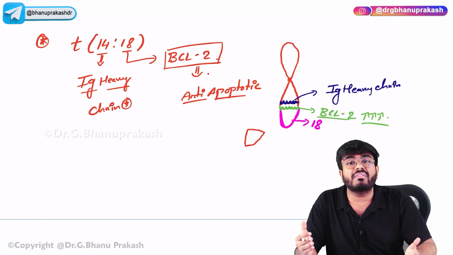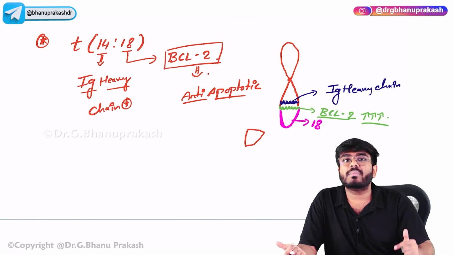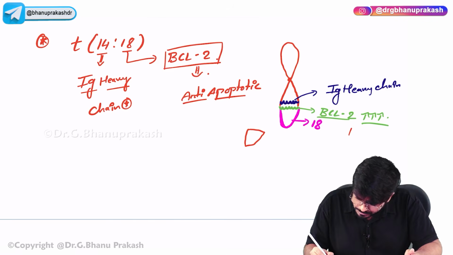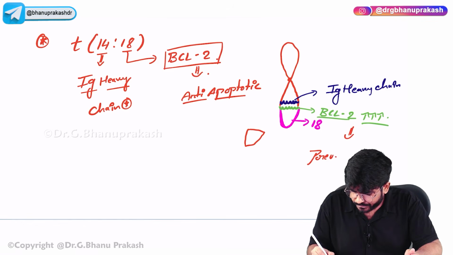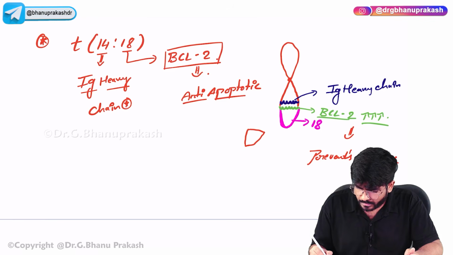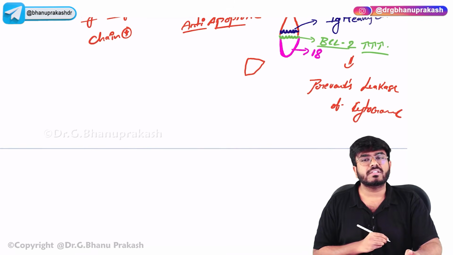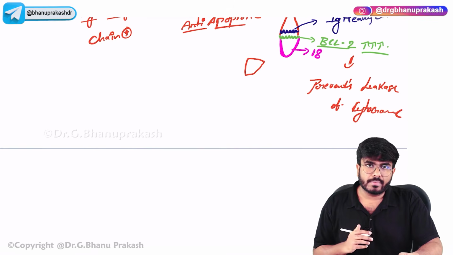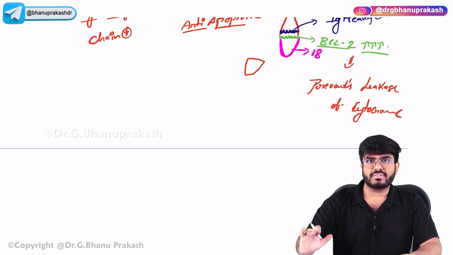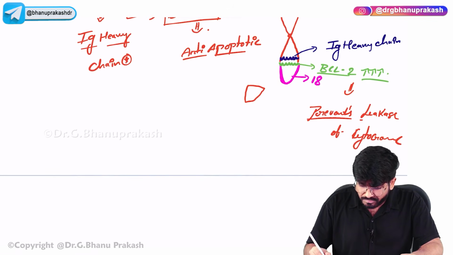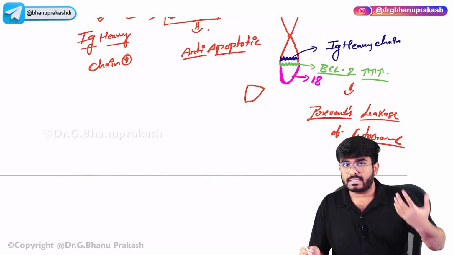We know BCL2 prevents the leakage of cytochrome C from the mitochondria. Once the cytochrome C is leaked, apoptosis will happen. Now there is more BCL2, which means it doesn't allow the cytochrome C to leak into the cytoplasm.